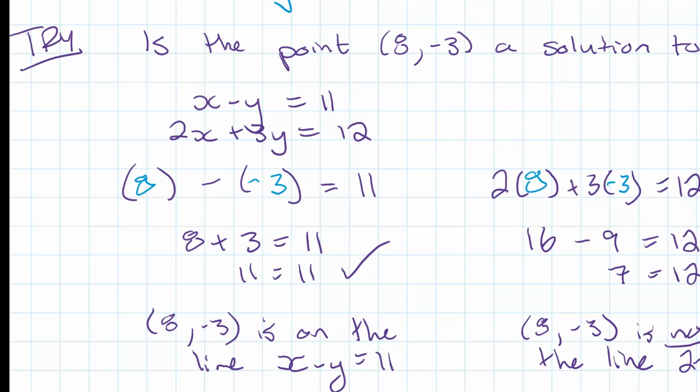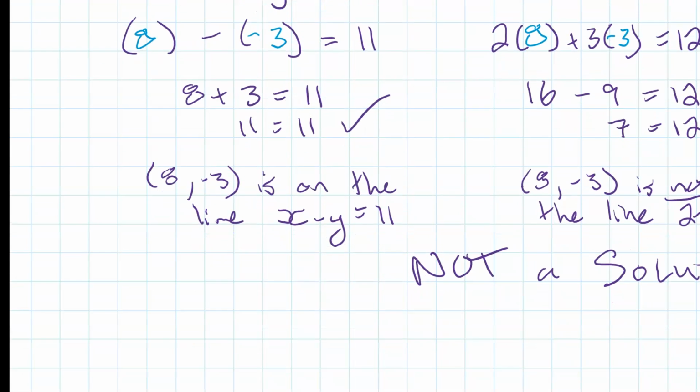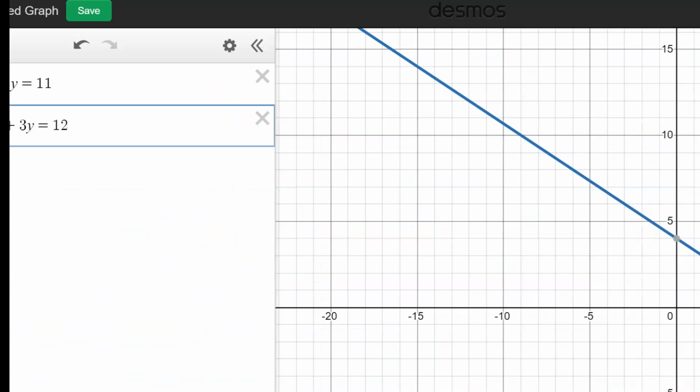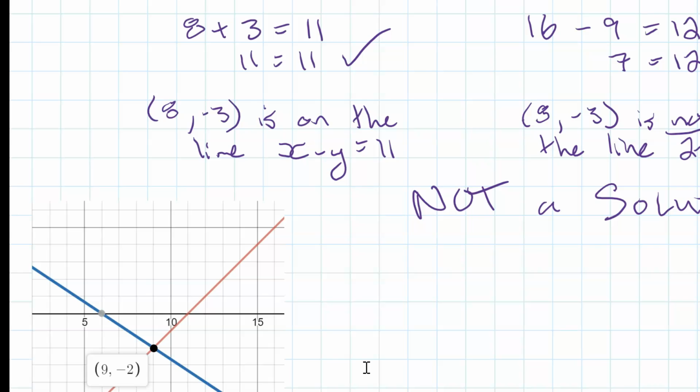And we can see that when we look at the graph that we checked on Desmos. We can see that the solution is actually 9, -2. And if we want to look, the point 8, -3, we can see is here. So it's clearly on one line, it's on the red line, but not on the blue line.